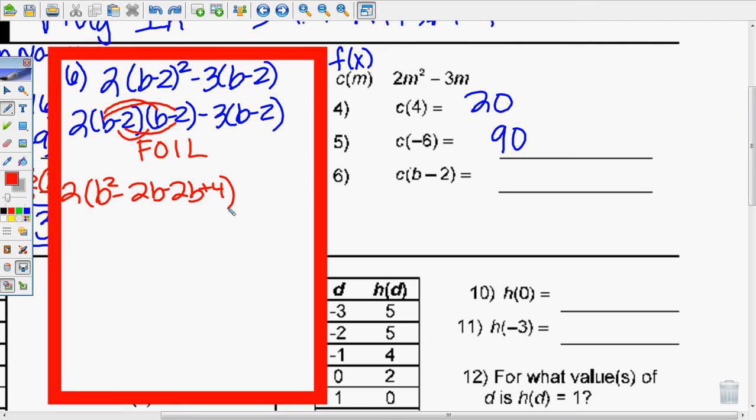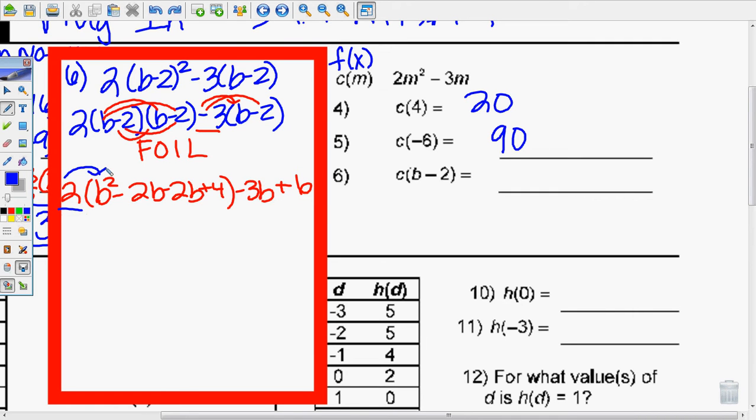Okay, and then I'm going to distribute my negative 3. That gives me negative 3b. And then negative 3 times negative 2 is positive 6, right? I'm almost done with distribution, but I still have this guy. So I need to distribute this 2.